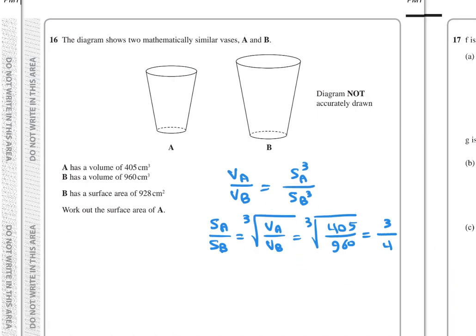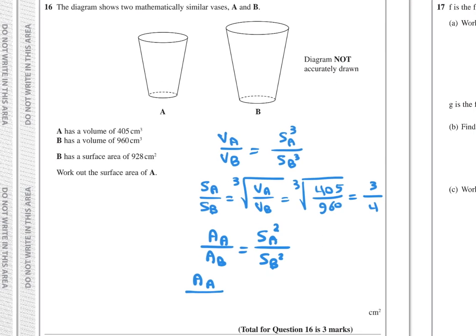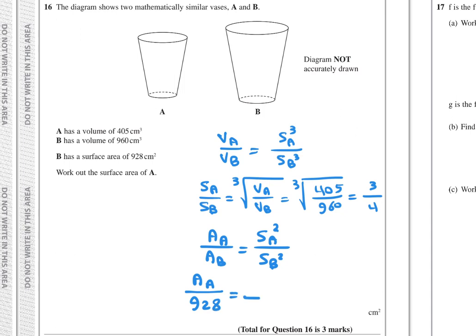Now we can deduce the ratio between their areas. So area of A divided by area of B equals side A squared over side B squared. We need to find area of A. Area of B is 928, so 928 equals side squared, which is 3 squared, over side B squared, so 4 squared.